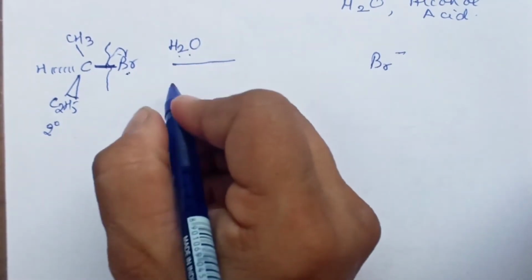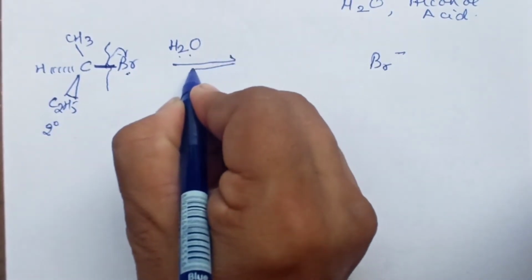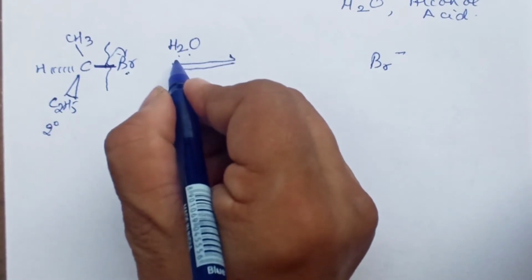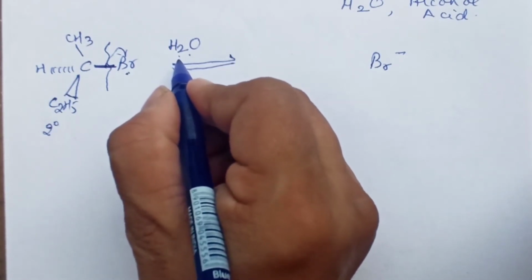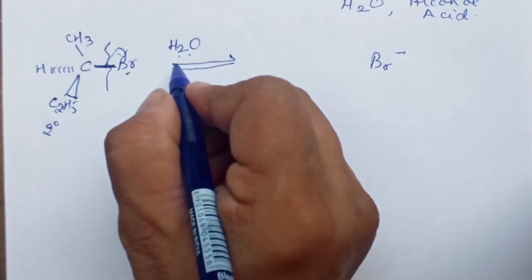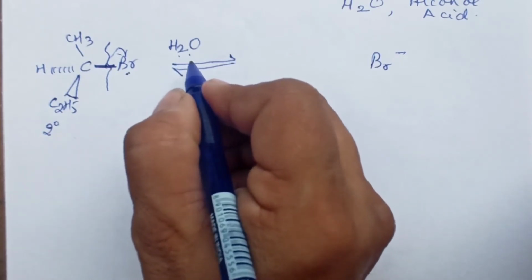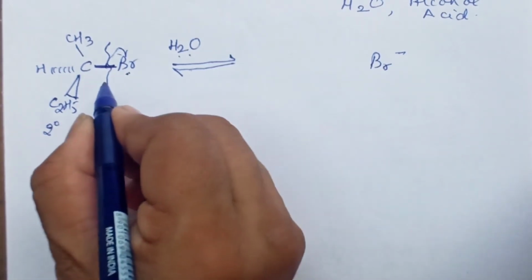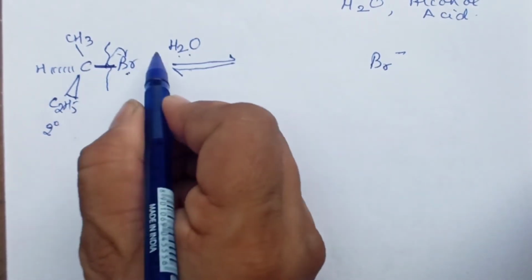In the presence of the protic solvent, this is sometimes the reason a question is asked: the SN1 mechanism is always carried out in the presence of a polar protic solvent. Why? It helps in the breaking, through the energy which is released.